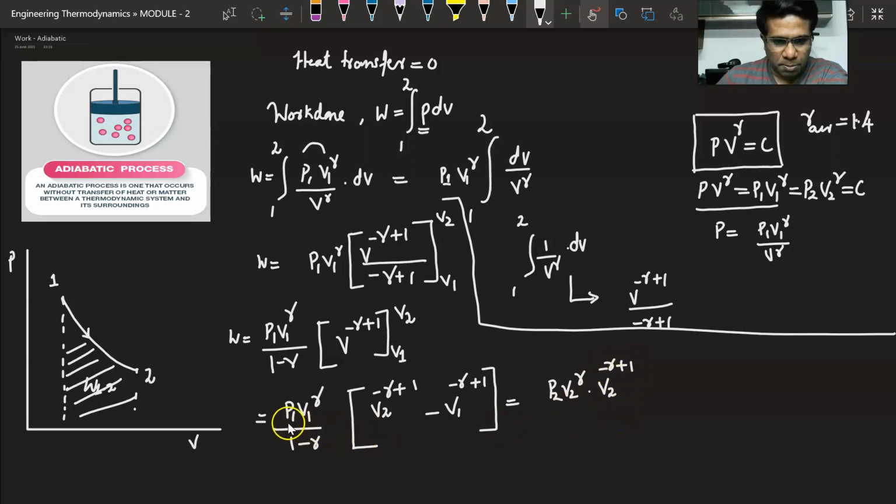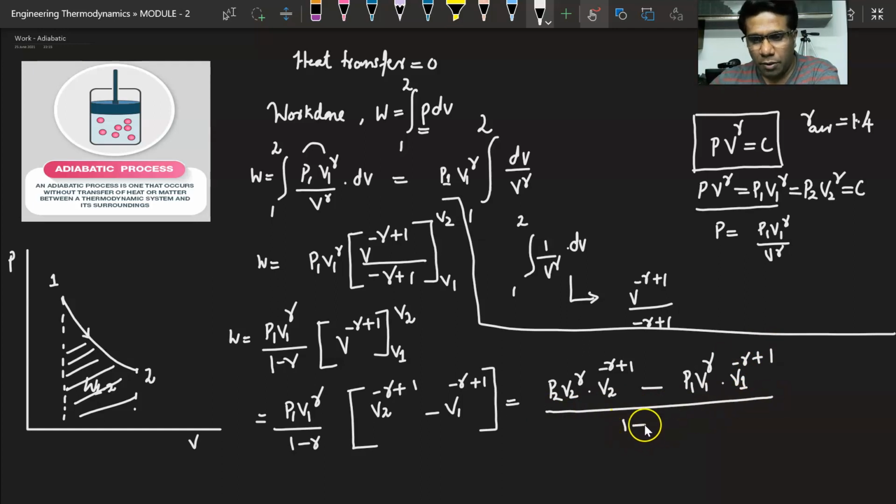Minus this, I am taking the same, P1 V1 raised to gamma into V1 raised to minus gamma plus 1. This whole term is divided by 1 minus gamma.